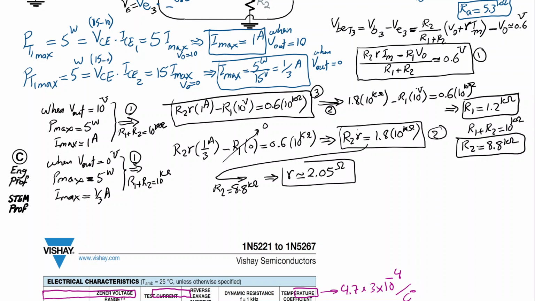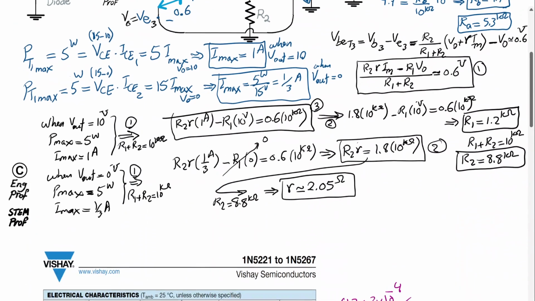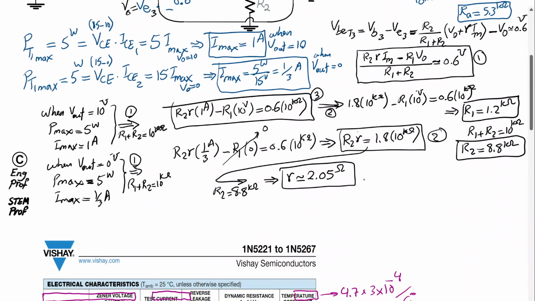We can of course compute the power, because that's the value of resistor R, which is this small current sensing or current limiting resistor. The maximum current flowing through this resistor is the 1 amp that we computed. So Imax is 1 amp.